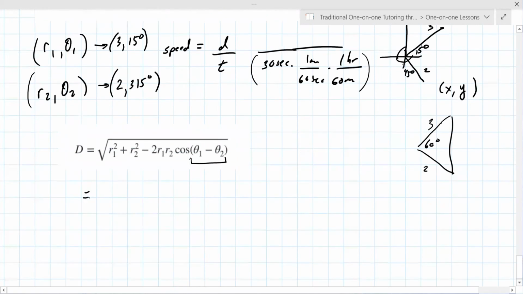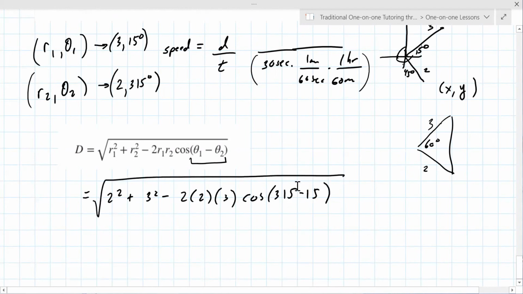Okay, so we'll just switch these. So it's 2 squared plus 3 squared minus 2 times 3, and then cosine of 315 minus 15, and you get some number for that.